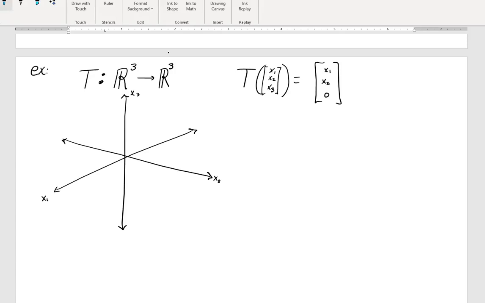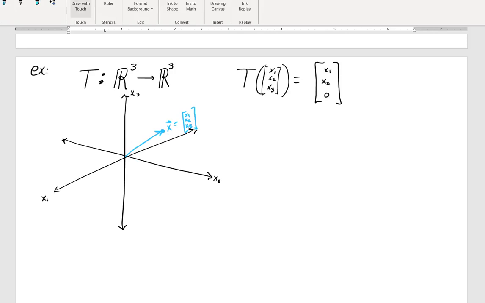All right. Now, if I just take some old generic member of R3, we'll call it X: X1, X2, X3. Does that light blue show up good enough? Do I need to change that? All right, and I do this transformation to it.